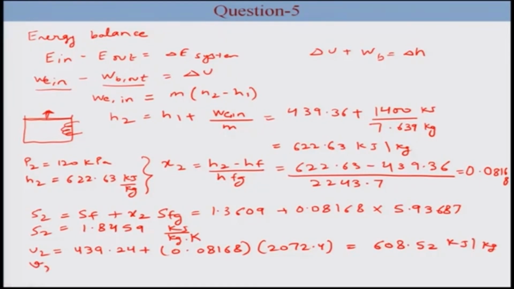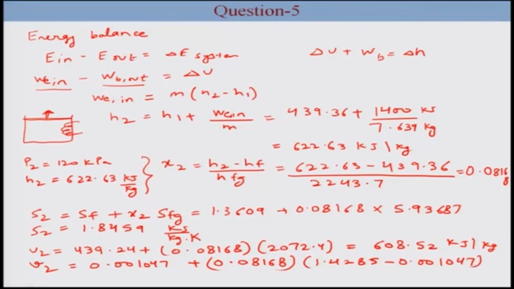And V2 is equal to Vf, which is 0.001047, plus x2 multiplied by Vfg. This is equal to 1.4285 minus 0.001047, and this value comes out to be 0.1176 meter cube per kg.